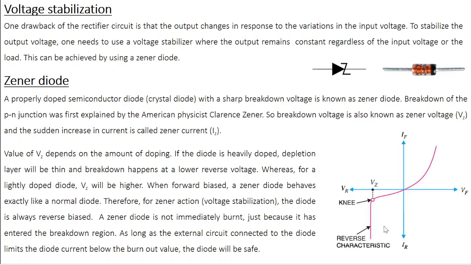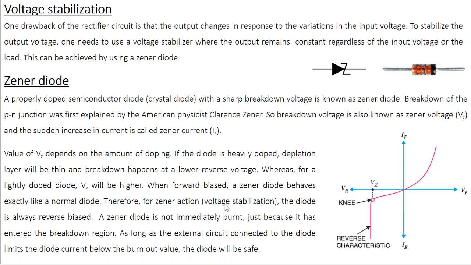Now, the value of the Zener voltage depends on the amount of doping. If the diode is heavily doped, the depletion layer will be thin and the breakdown happens at a lower reverse voltage. In other words, Vz will be lower. Whereas for a lightly doped diode, Vz will be higher. When forward biased, a Zener diode behaves exactly like a normal diode.